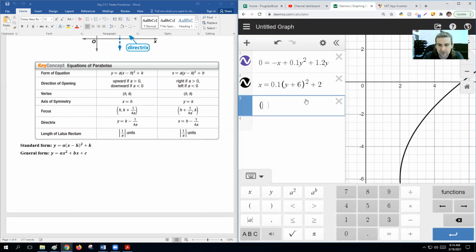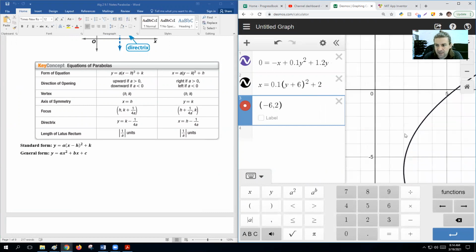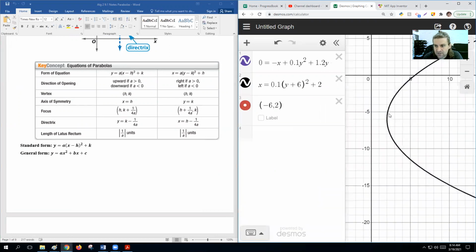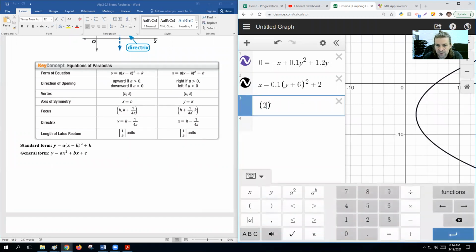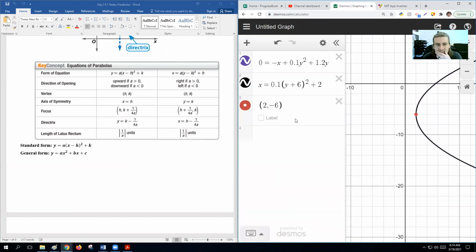So if you just saw that and said, okay, this has to be (-6, 2), because I'm used to the vertex being at the middle number and then the number at the end, that's good for the up and down, but you can see that point is nowhere near where it should be. It's actually the other way. It's at (2, -6). There's the vertex. Then that will help you figure out the focus and the directrix. You can see the focus should be over here. The directrix should be over here.